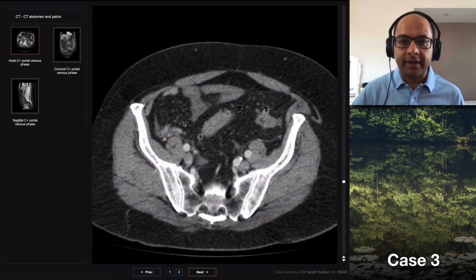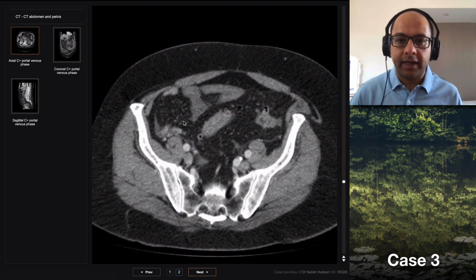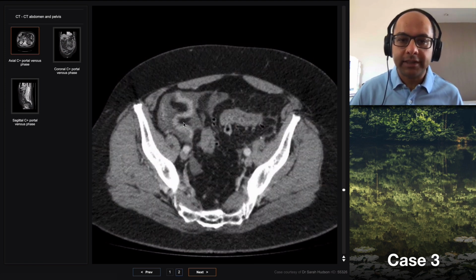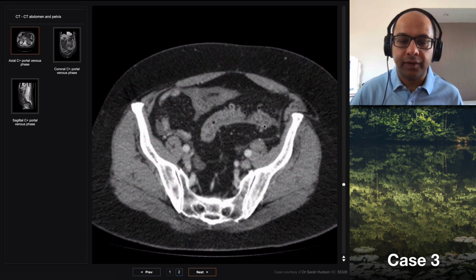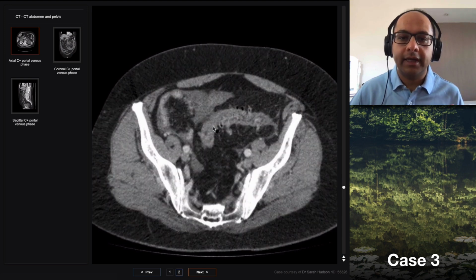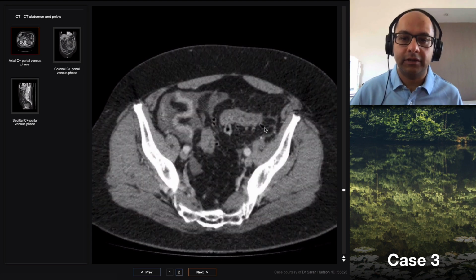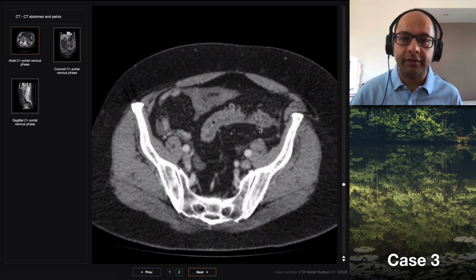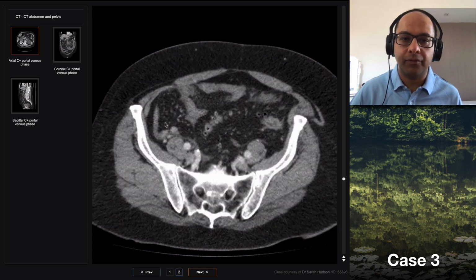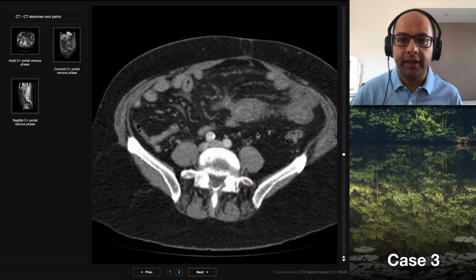Now, whenever we see this, we've got to think, well, why is there a thrombosis? And usually with mesenteric and portal venous thrombosis, we look for a distal source as a starting point. So acute diverticular disease, sometimes maybe appendicitis is uncommon.